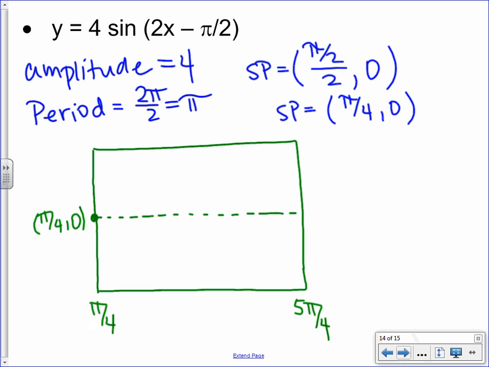Cut our frame in half, both ways. I want the middle of pi over 4 and 5 pi over 4. So add the 2 and divide by 2, and we are at 3 pi over 4.